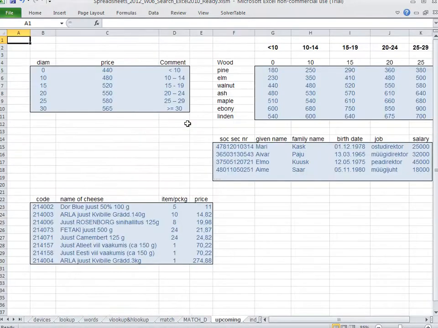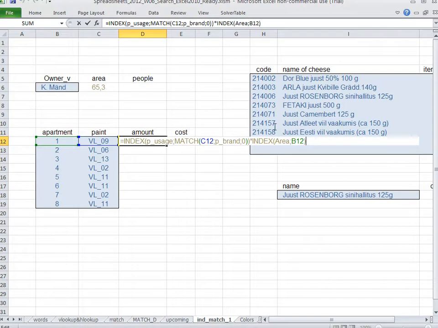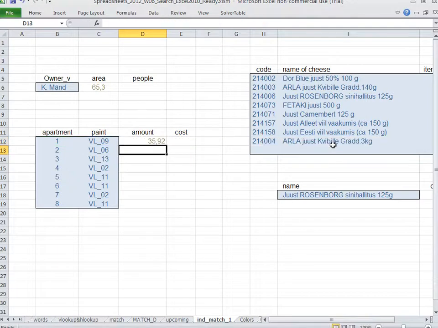Okay, so here it is, and the result is 65 square meters, 0,55 liters, 35,92 liters used all together in this apartment number 1.